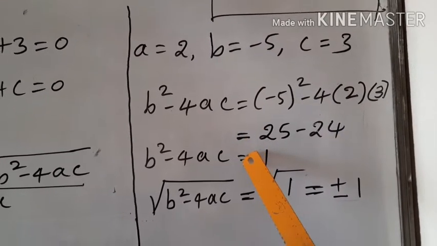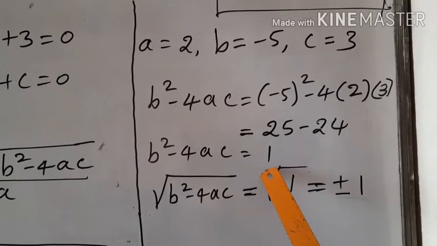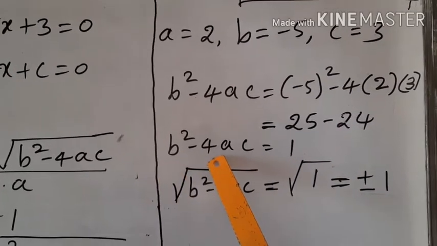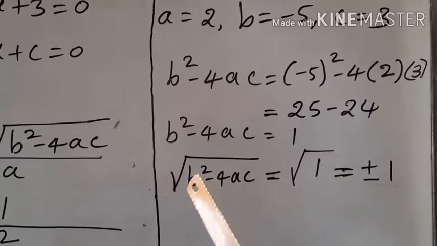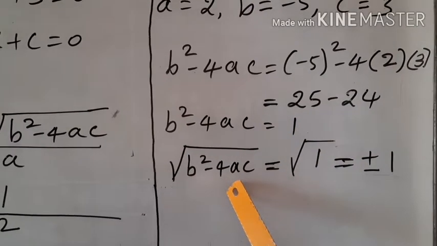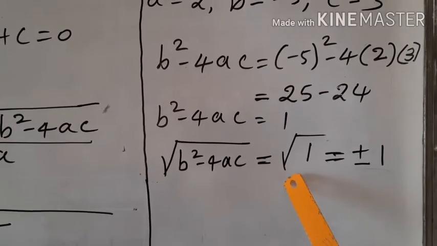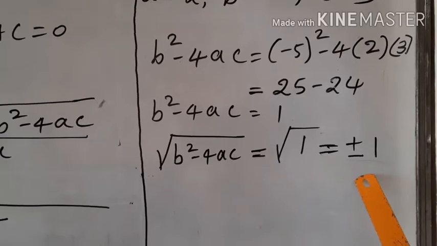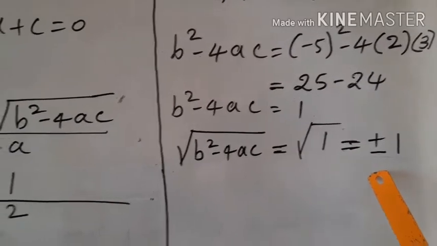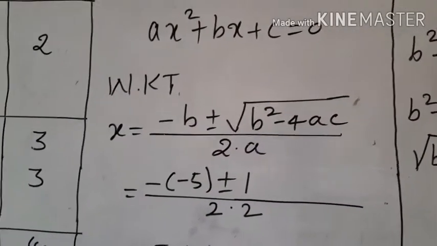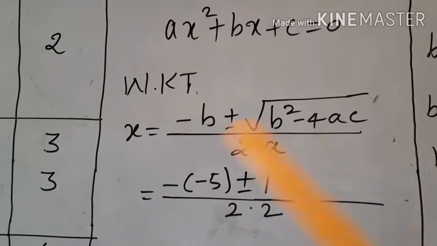Thus it is 25 minus 24 equal to 1. So children, b square minus 4ac is equal to 1. If I take the square root of b square minus 4ac, it is square root of 1, which is plus or minus 1. Did you understand?